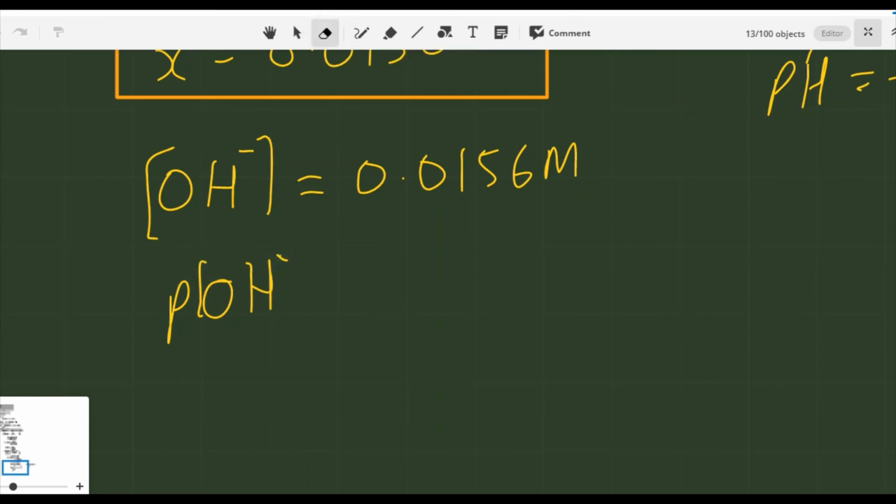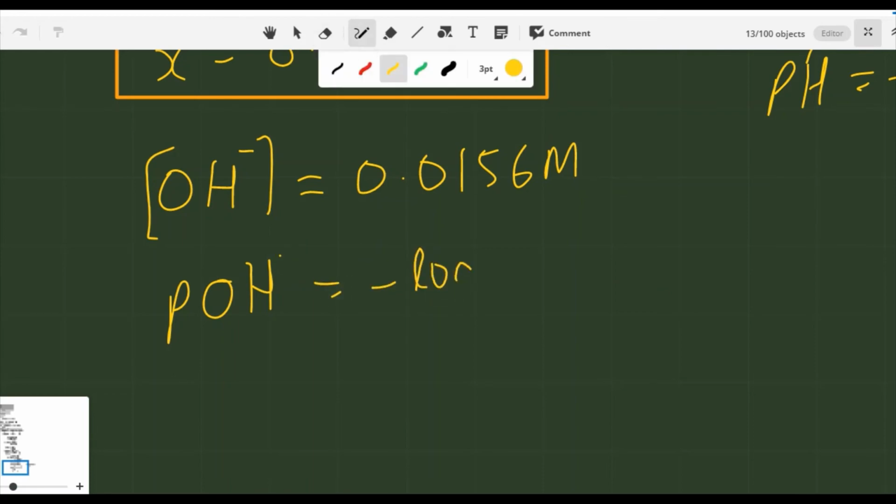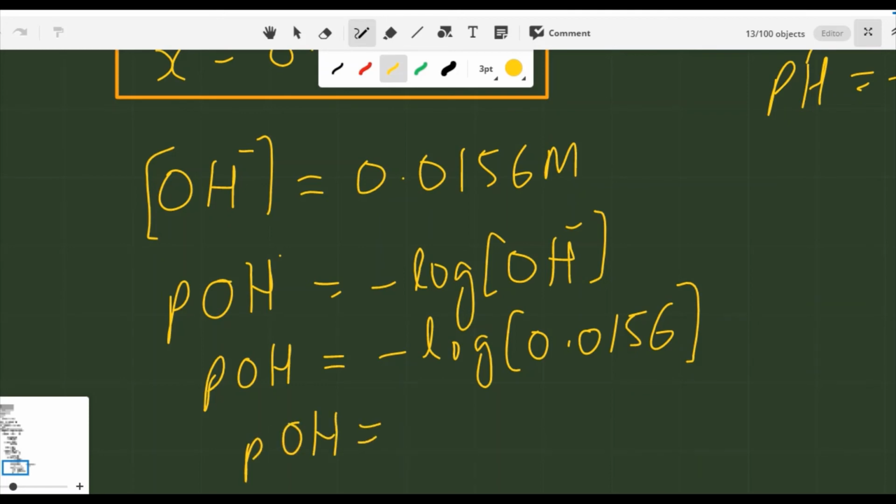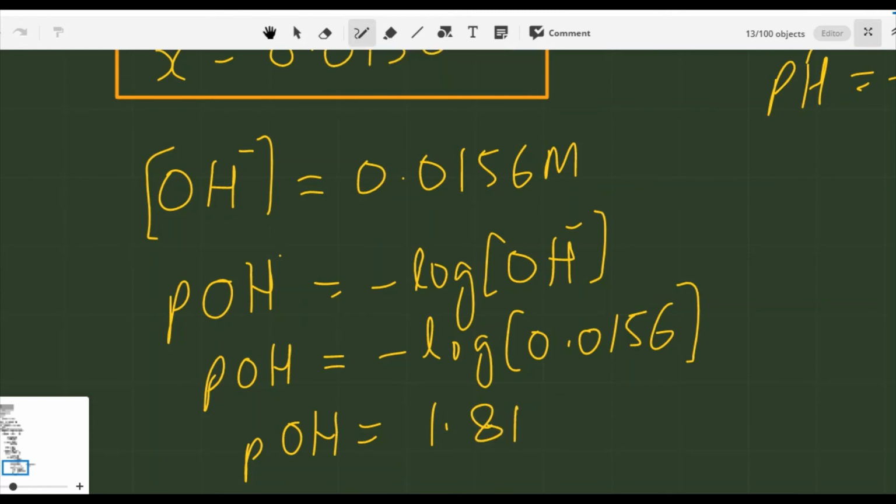So pOH equals negative log of the OH ion concentration, the hydroxide ion concentration that is given. So pOH is equal to negative log of 0.0156. So you get pOH equal to 1.81.